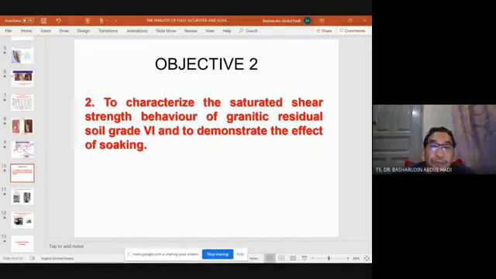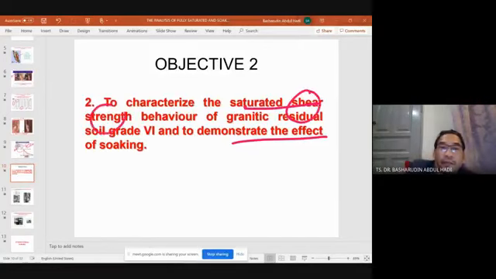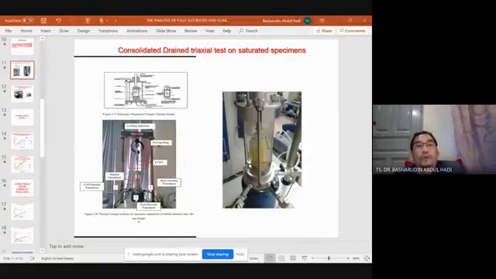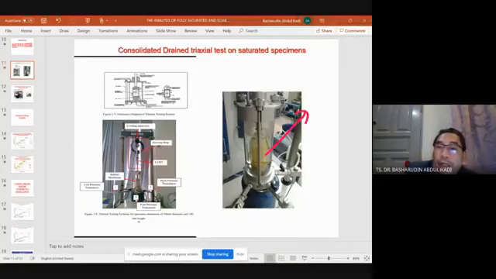Objective number 2: we characterize the saturated behavior, as civil engineers understand it, and we illustrate the effect of soaking on the saturated shear strength behavior. This is the apparatus we rely on, the consolidated drained triaxial test on a saturated specimen. Here we have a rubber membrane, and inside it is the Cameron Highland soil.